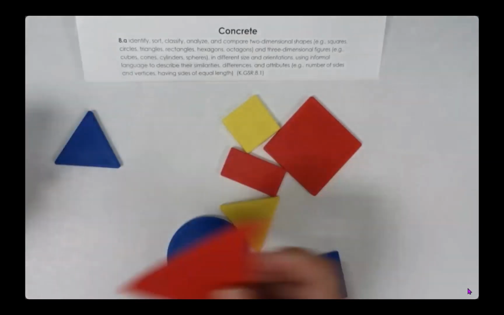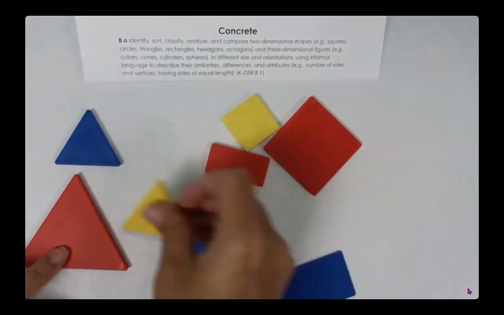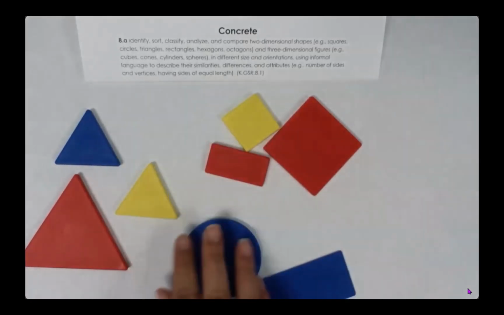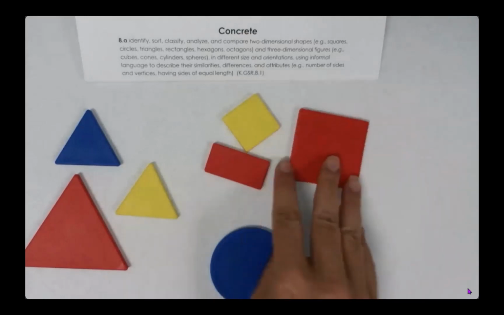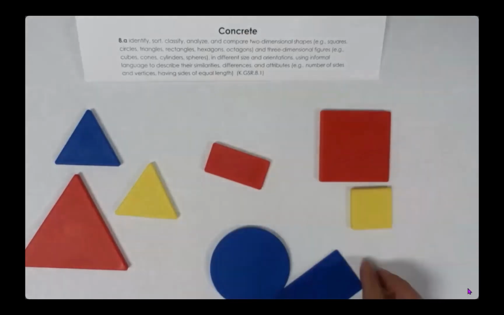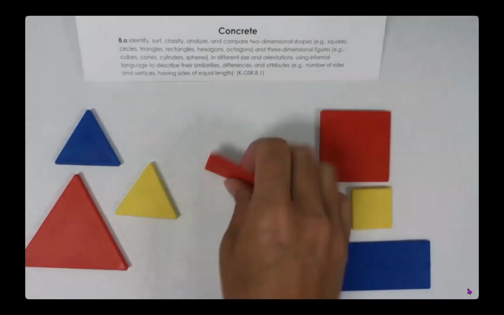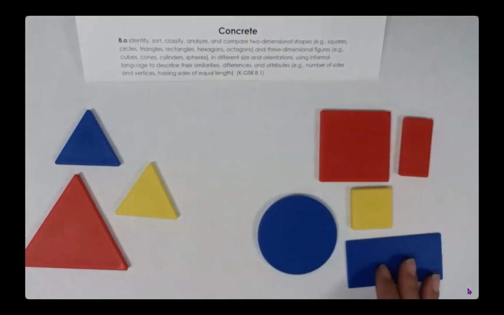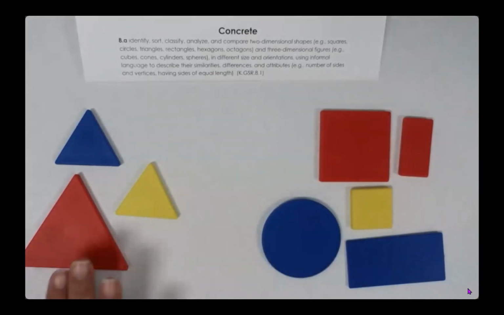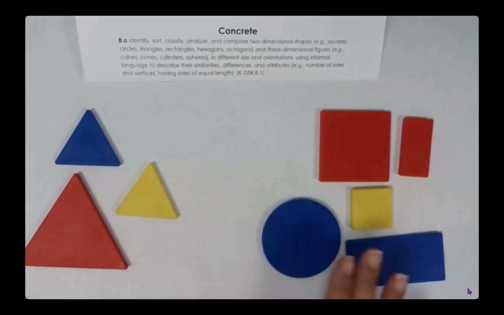So students would sort those triangles together and know that those are examples of triangles. And because these shapes do not have 3 sides or 3 vertices, these would be considered non-examples. So I've sorted into examples of triangles and non-examples of triangles.